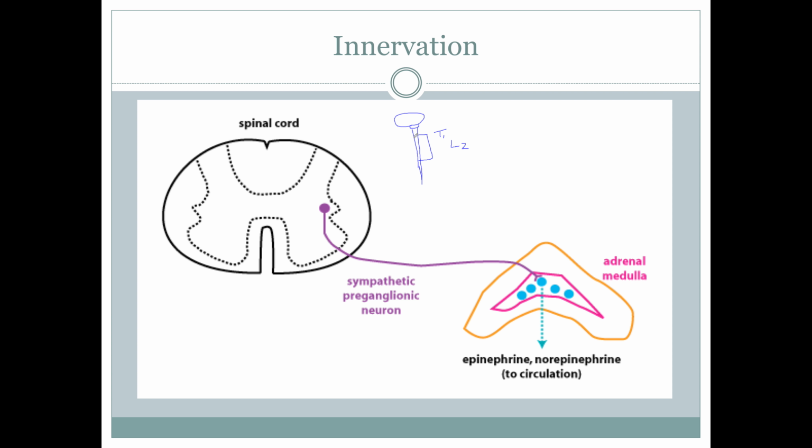And those nerves come off and they usually synapse at this sympathetic chain ganglia, or they can go off to a specialized ganglia in the tissue, like the celiac ganglion.